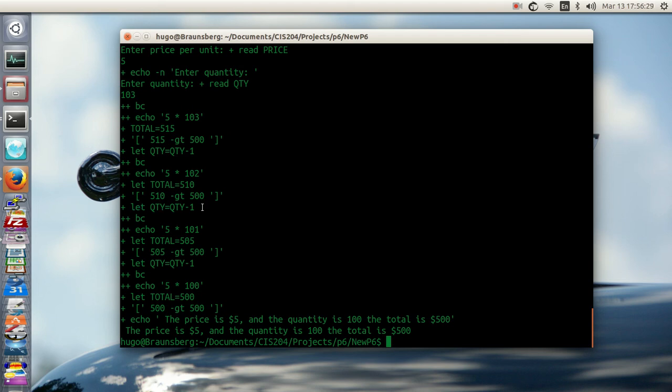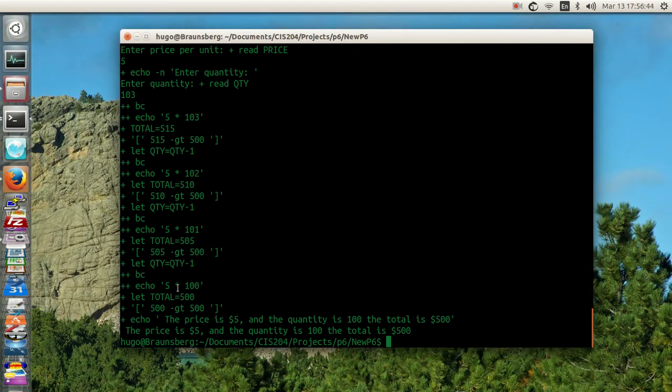Let quantity equal quantity minus 1. BC, 5 times 101, total equals 505. 505 is greater than 500. Let quantity equal quantity minus 1. The BC again, 5 times 100, 500. It works. So this code works, right?